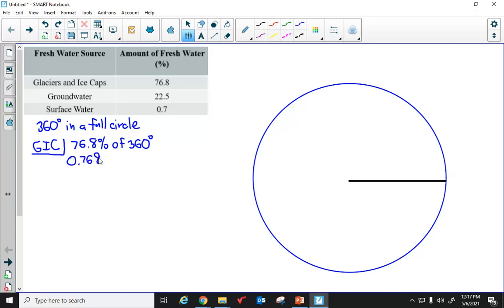We did this in an earlier math unit. When you find a percentage of a number, you're multiplying by it. So you're going to go 0.768 multiplied by 360, and 0.768 times 360 would be 276.48 degrees. Let's round this down to 276 though.